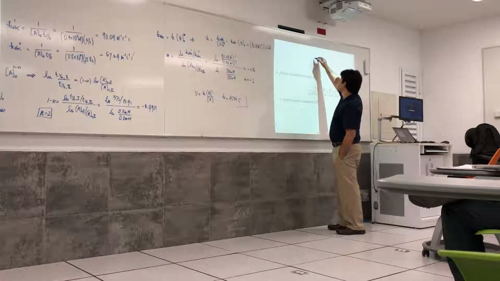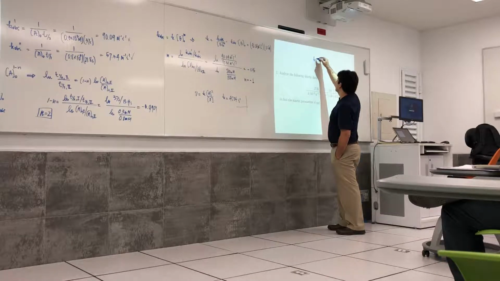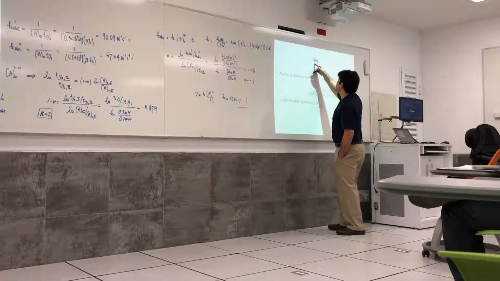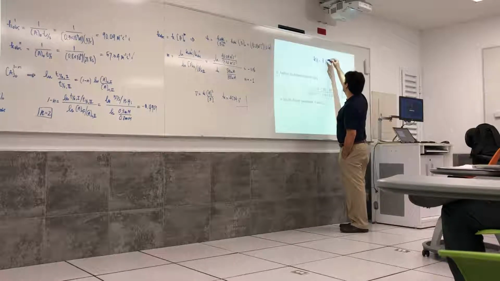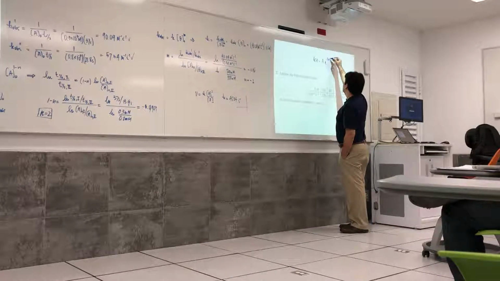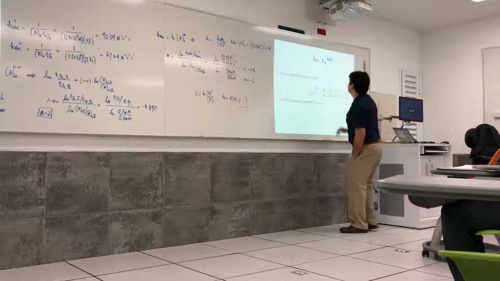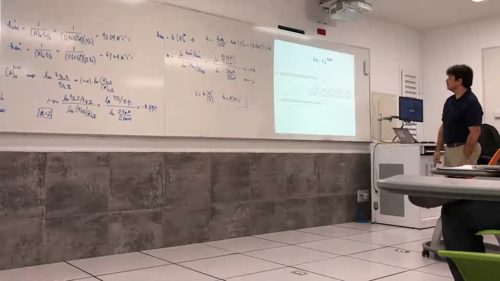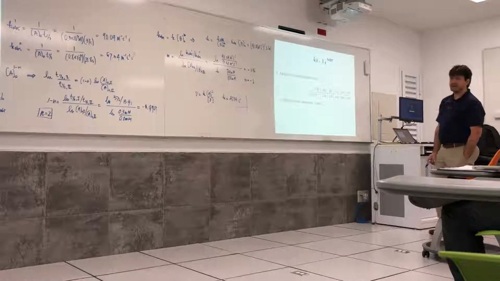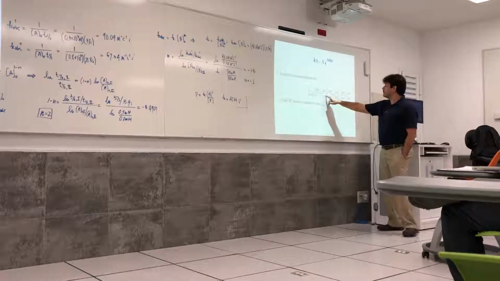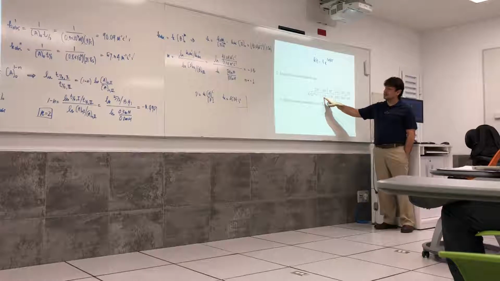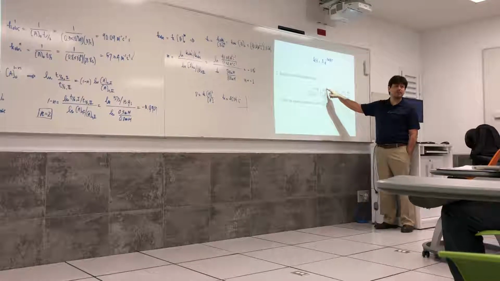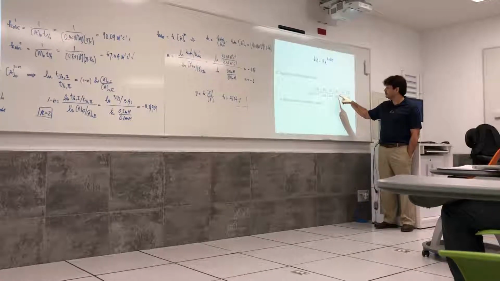So we have the Arrhenius equation that tells us that the temperature dependence of the rate constant is a pre-exponential factor times e to the minus EA over RT. Okay, so there we go. Usually we will have information on different kinetic experiments performed at different temperatures.